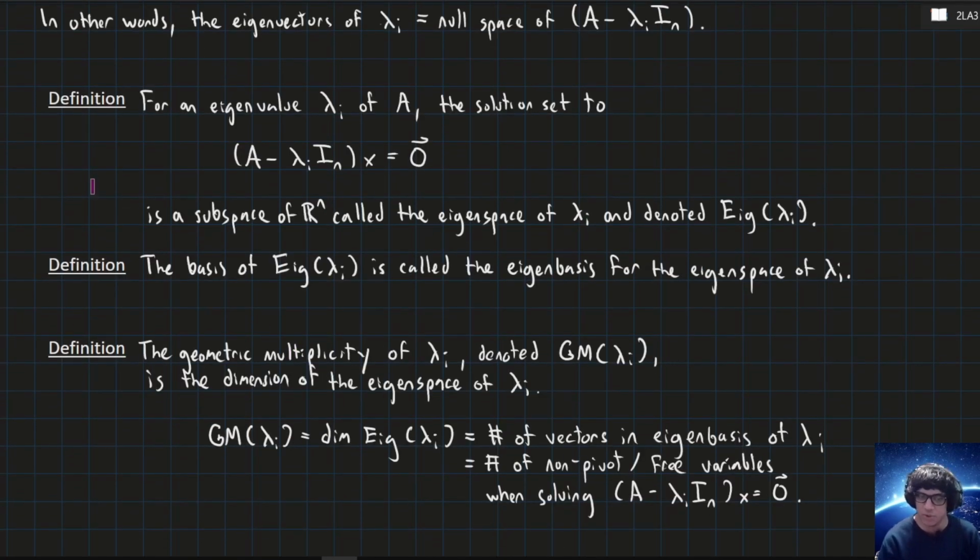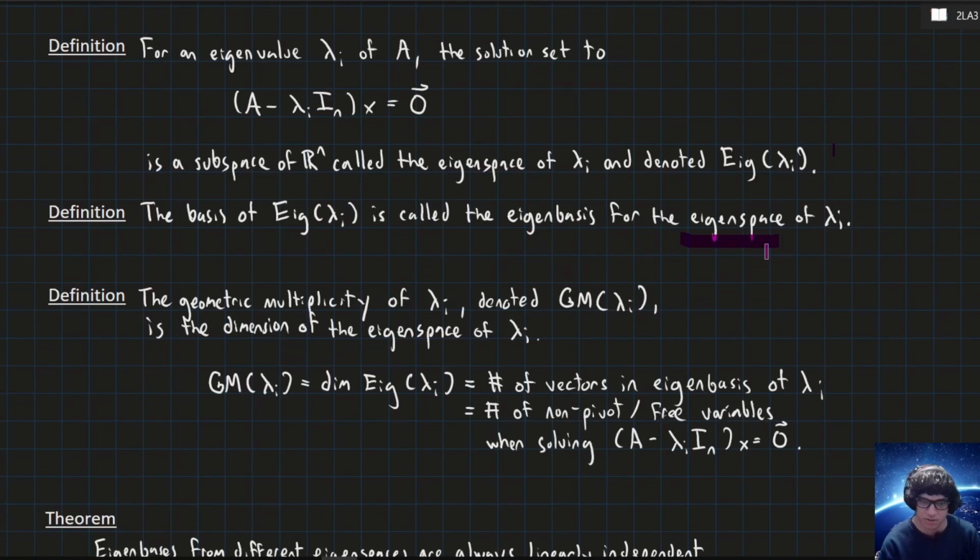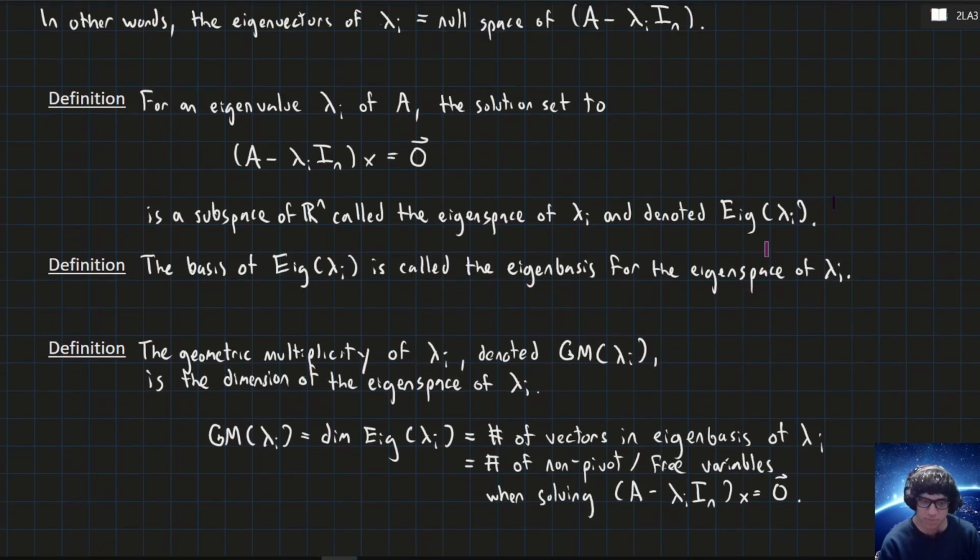Now, we know how to compute the basis of a null space, so we know how to compute the basis of the eigenspace. And the basis of each eigenspace, we're going to give a special name: the eigenbasis for that eigenspace. As we know from computing null spaces, they can be of different dimensions, of course.